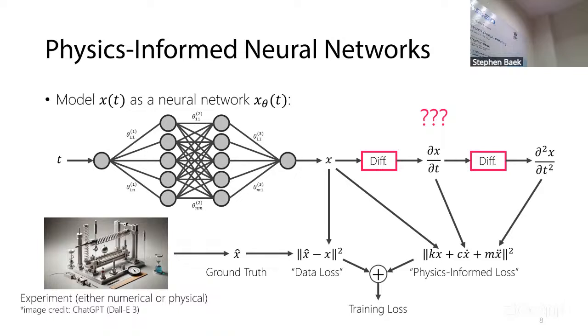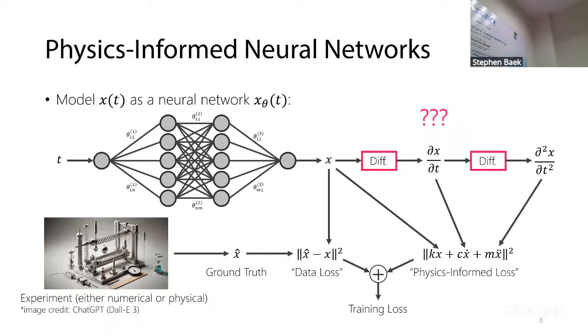And then we're interested in modeling the position x of that spring-damper system as a function of time t, so that for any given time t, we can predict the position of the system, right? Predicted by the neural network over here.